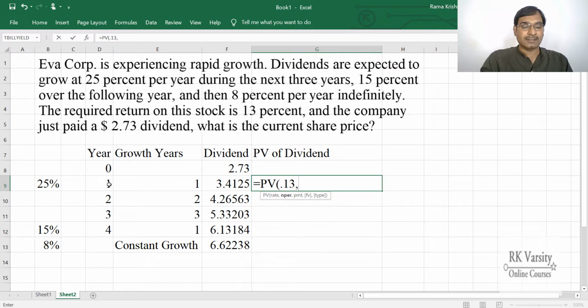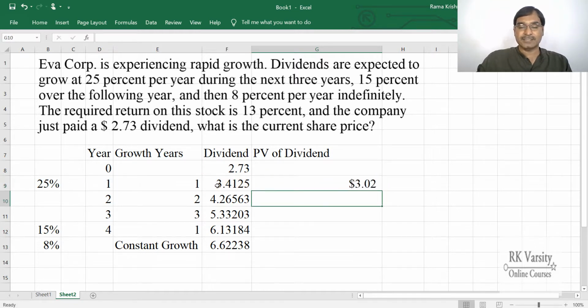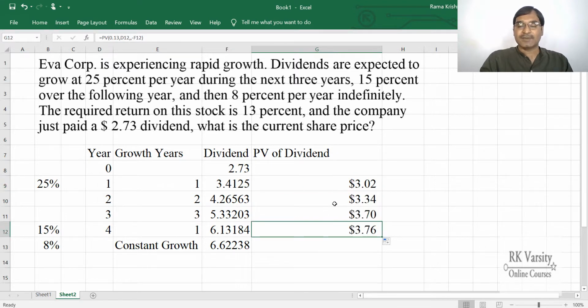Here this is not a growth year, but select the year, place a comma, no PMT is there, place another comma, minus, select your dividend value for that year, close the bracket, press enter, then drag this for the 4 years. So these are the present values of the dividends under 2 stages, that is the 25% dividend growth stage and the 15% growth stage. And at 8% there is a constant growth model.